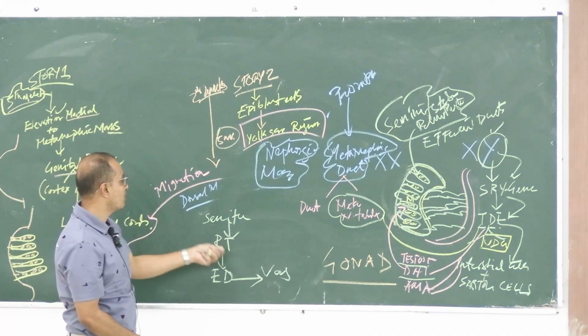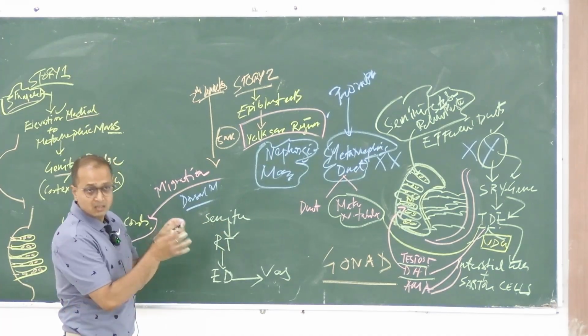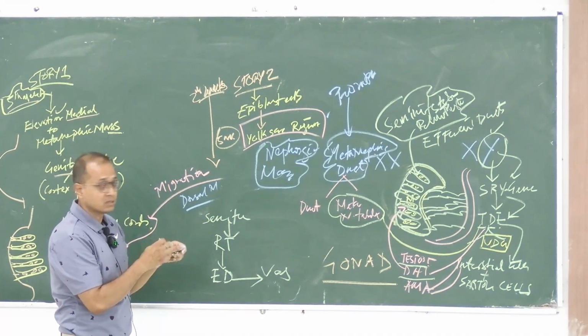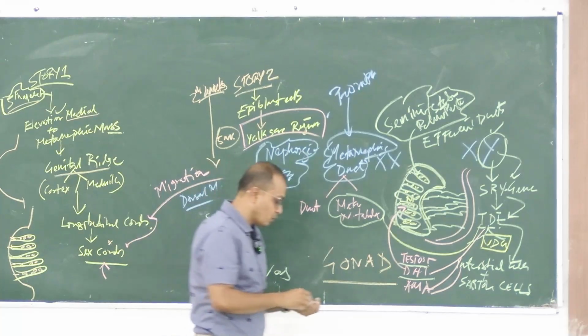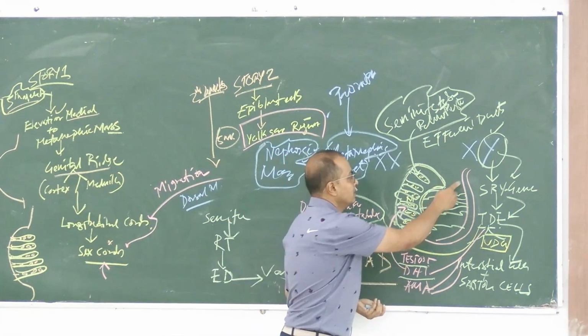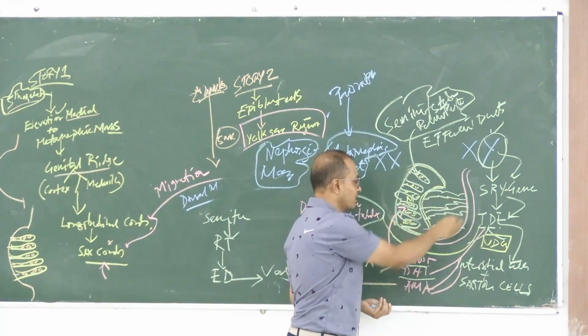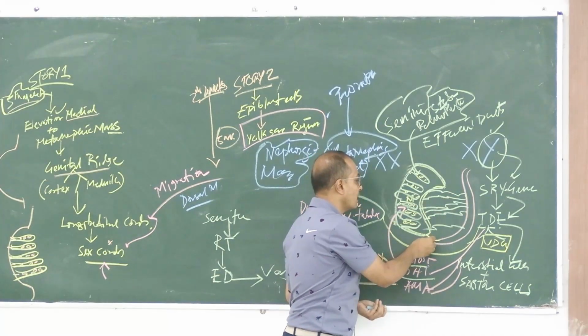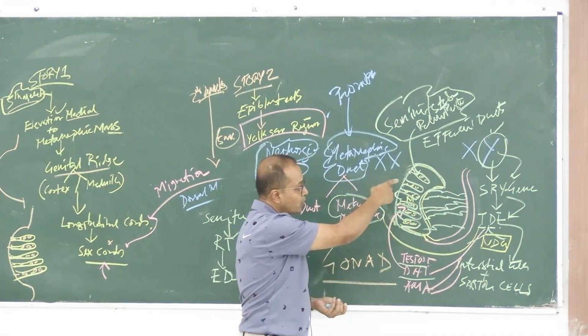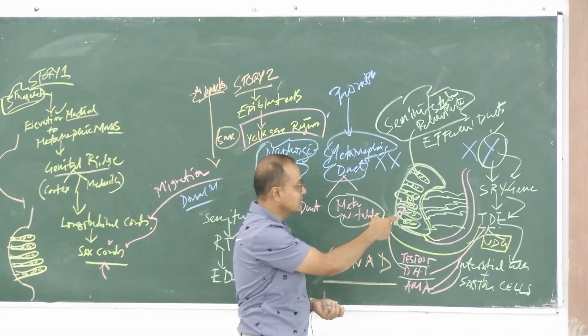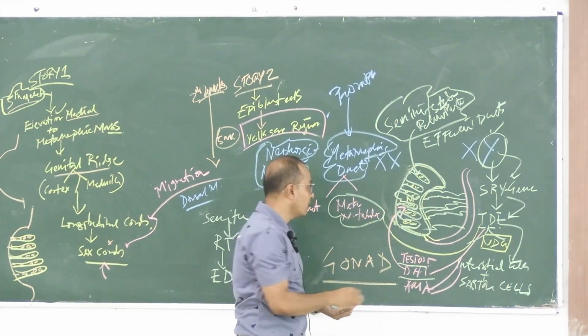So this is how this duct system in the testicle works. Now how this works is that the metanephric tubules and the metanephric duct are utilized by the developing gonad, the testis, and become incorporated.